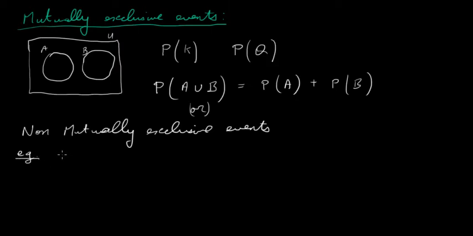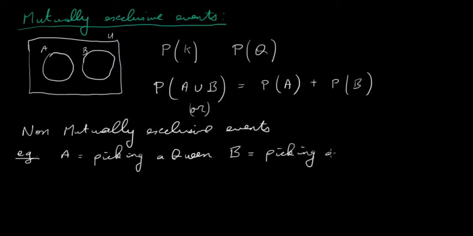So let's say that event A is picking a queen from a pack of cards. Okay, and let's say B is the event where you're picking a diamond.